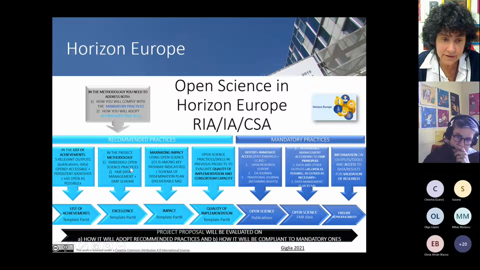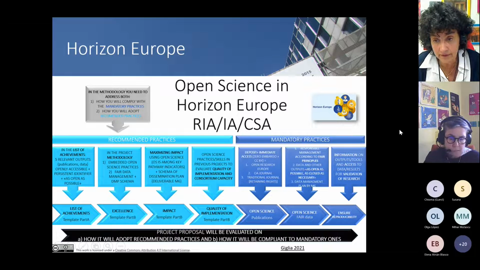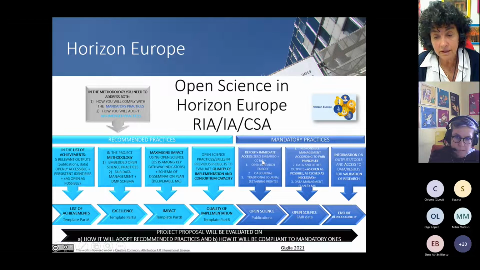Okay. As you can see, you have recommended practices and you have mandatory practices, okay? The richer the recommended practices suitable for your research, the better, okay? But you also have mandatory practices, meaning open access to text, FAIR data management plan, and reproducibility practices, okay?